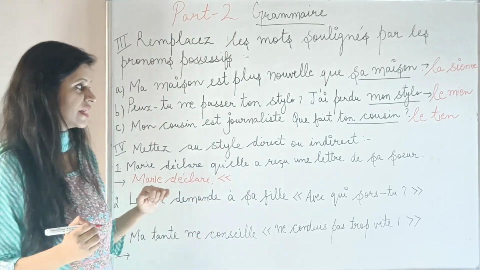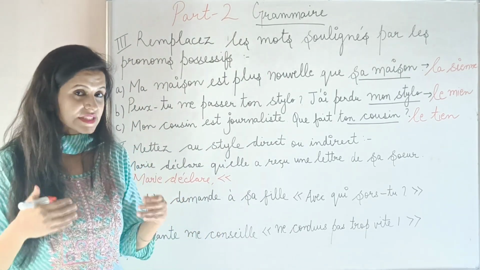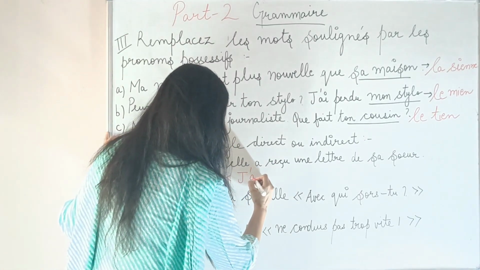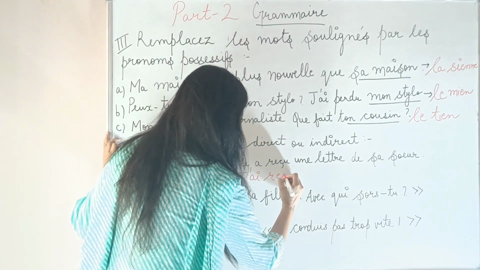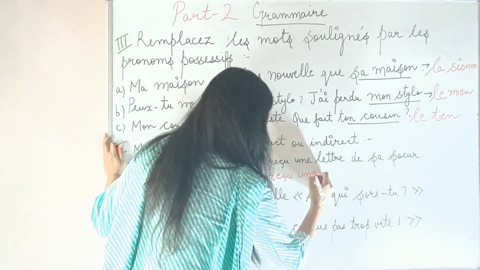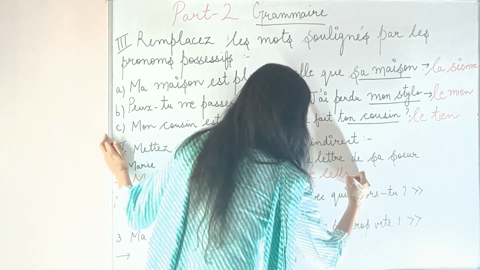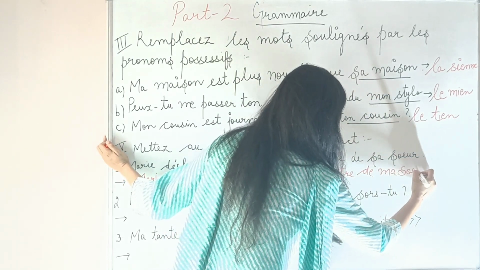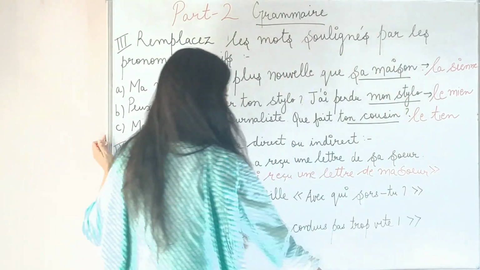She has received a letter from her sister. So when she's declaring it herself, it will be: très bien, I have received. J'ai reçu une lettre de ma sœur. And you close the brackets.